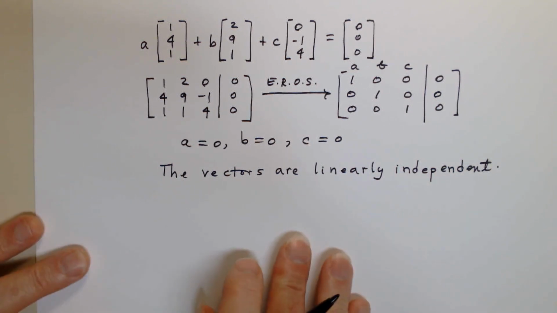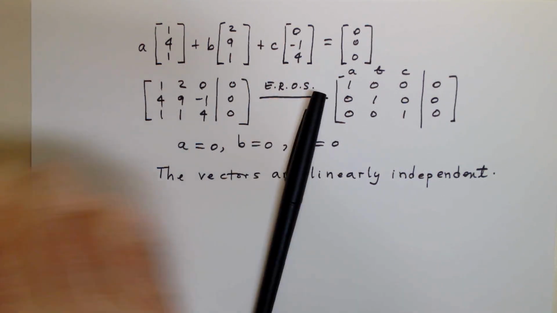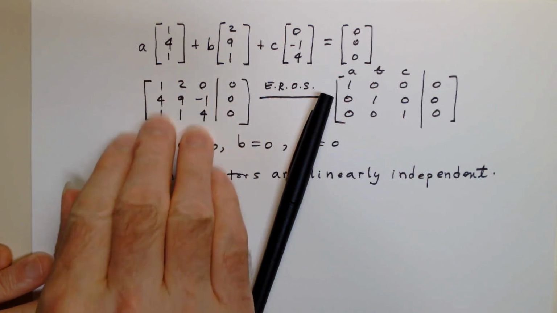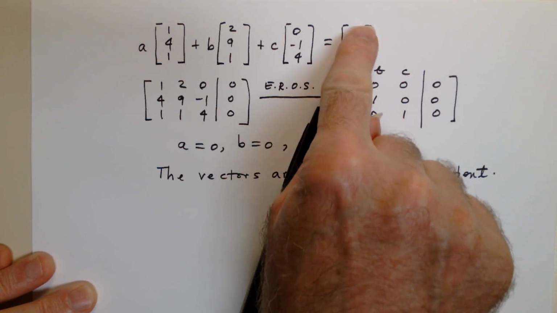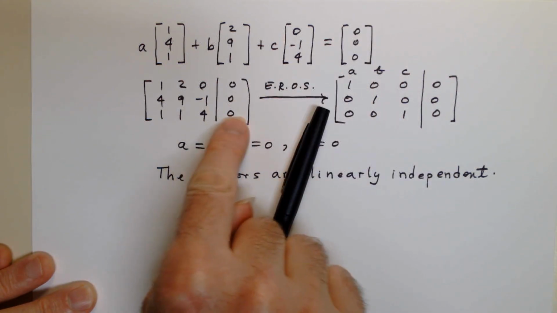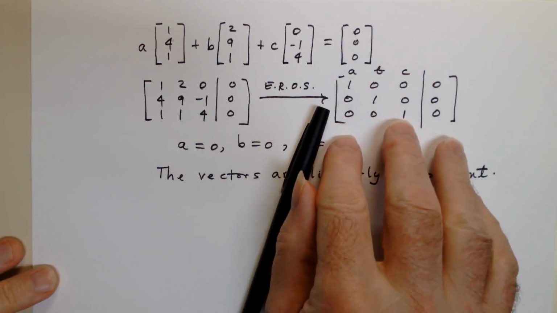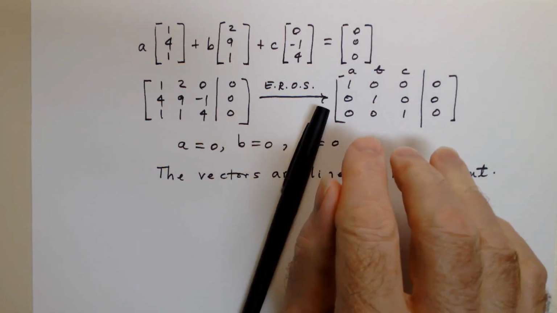All right. So if you combine these last two problems, if you look at them together as a whole, what do we discover? Well, we take our vectors, feed them in, and they form the coefficient matrix. We take the column vector of zeros and put it in on the right-hand side of our augmented system. So this is a homogeneous system. We do elementary row operations. We get it down to its reduced row echelon form. And what do we find?